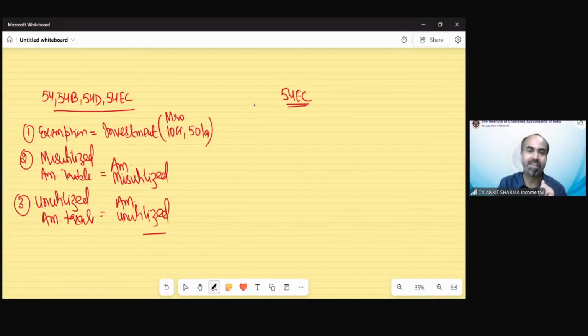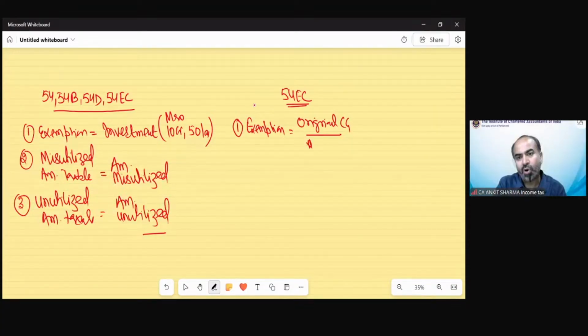So in section 54F, if you want to find out the exemption, the formula is original capital gain upon net sale consideration. Whether exemption amount, misutilized amount, or unutilized amount, you have to use this formula and multiply with the respective thing.